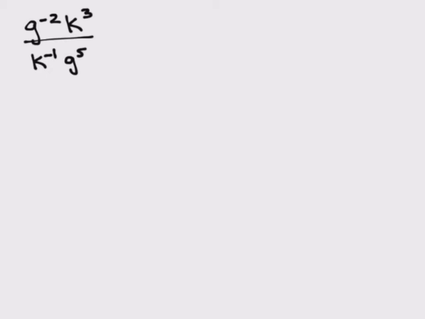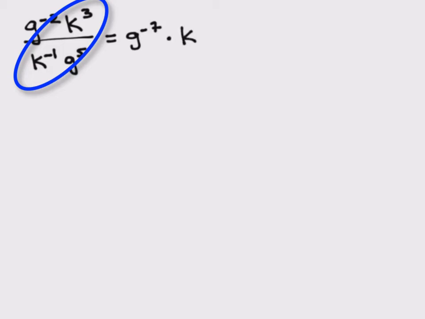We can, of course, use the properties. Let's do the g's first. G to the negative second over g to the fifth. Well, we could just do negative 2 minus 5, which is negative 7. So part of our answer will be g to the negative 7th. What about the k's? K to the third over k to the negative first. 3 minus negative 1 is 4, so we'd have times k to the positive fourth.